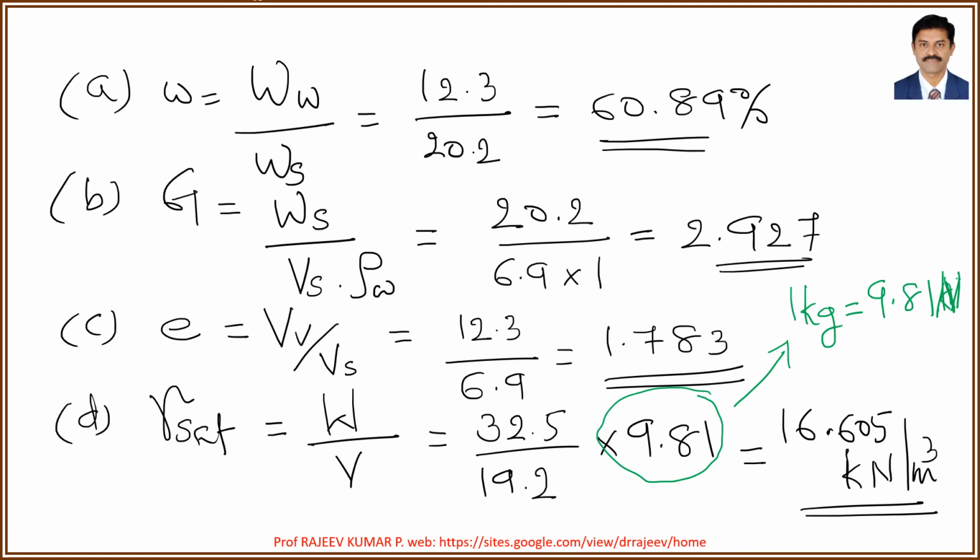So this one you can easily understand from the expressions given previously that this term is considered here for finding out the saturated unit weight. So this one is 16.605 kilonewton per meter cube.